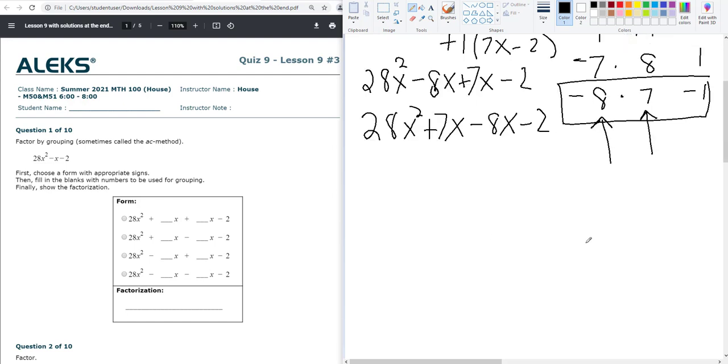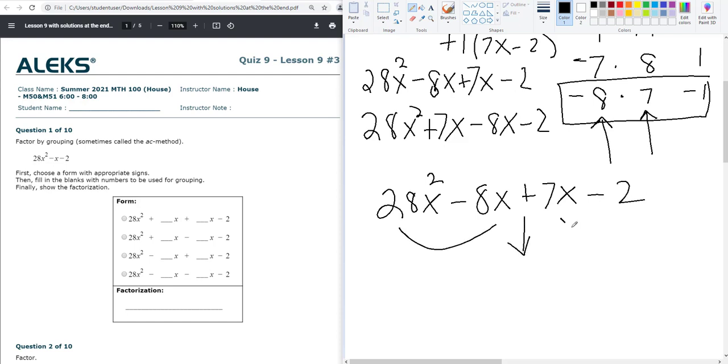Now let's go ahead and factor the first one. 28x squared minus 8x plus 7x minus 2. In a previous video, we talked about when you have 4 terms, you group the first 2 and the last 2, and you drop your middle sign down. 28 and 8 have a 4x in common, and that gives me a 7x minus 2.